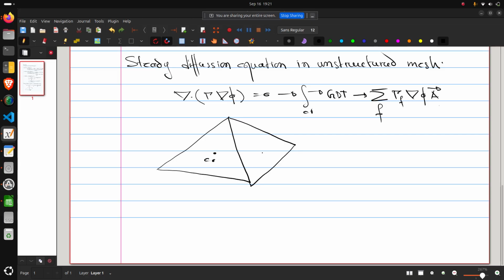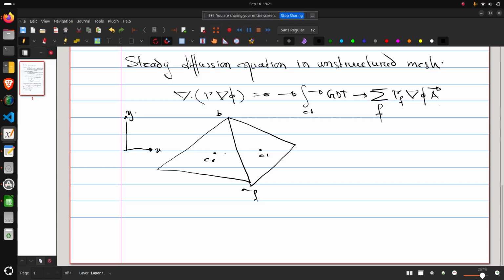C naught, this is the cell center 0, C1, and this is the face that we are interested in. Let's call the endpoints A and B. Okay, so this is the coordinate system that we are familiar with, the x direction and the y direction.